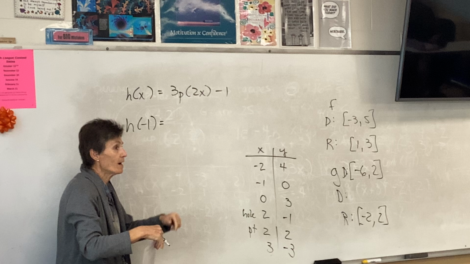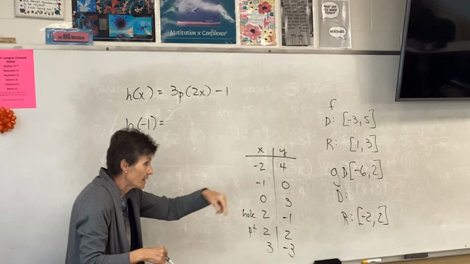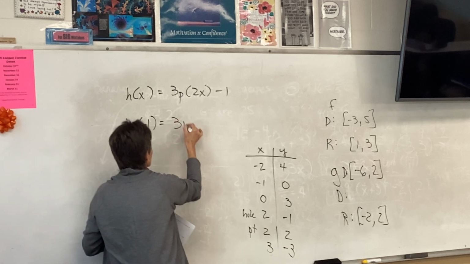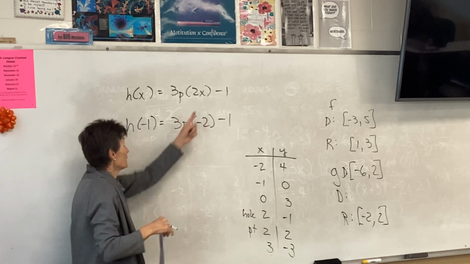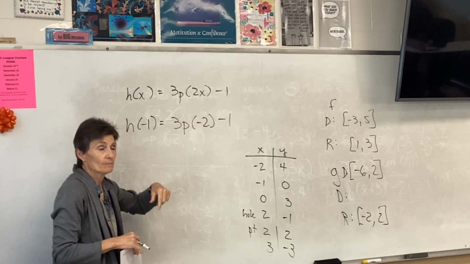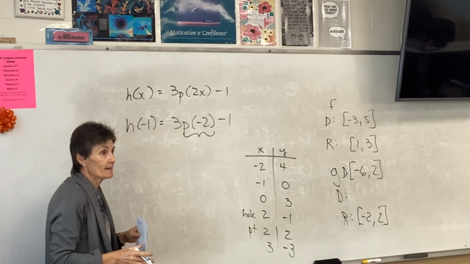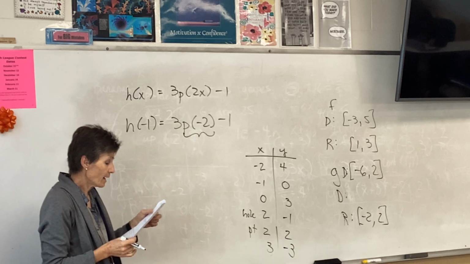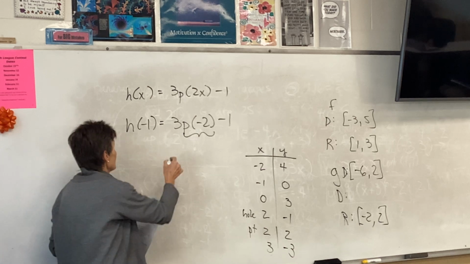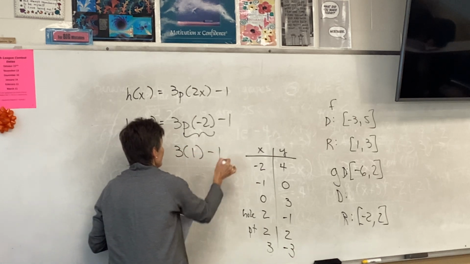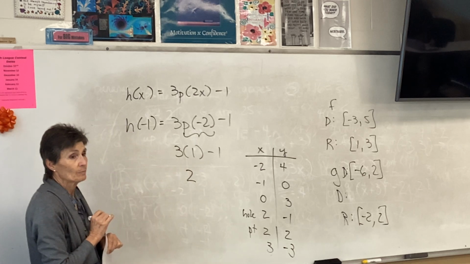How do you find h of negative 1? You plug in negative 1. So 3p of negative 2, I plug in negative 1 there. Do I know that value right there? Heck yeah, I do. What's p of negative 2? 1. So this is 3 times 1 minus 1. So the answer to the problem is just 2.